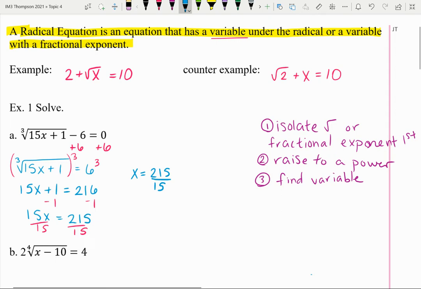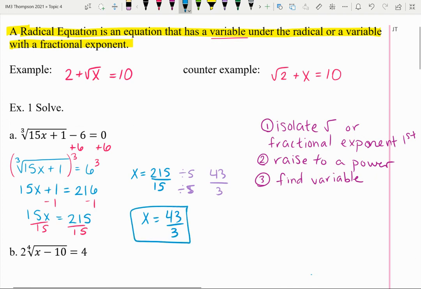So I'm going to go ahead and reduce it. They both end in a 5, so I know they're divisible by 5. Let's see. If I divide by 5, it's 43. If I divide by 5, I get 3. So my reduced answer would be 43 over 3.